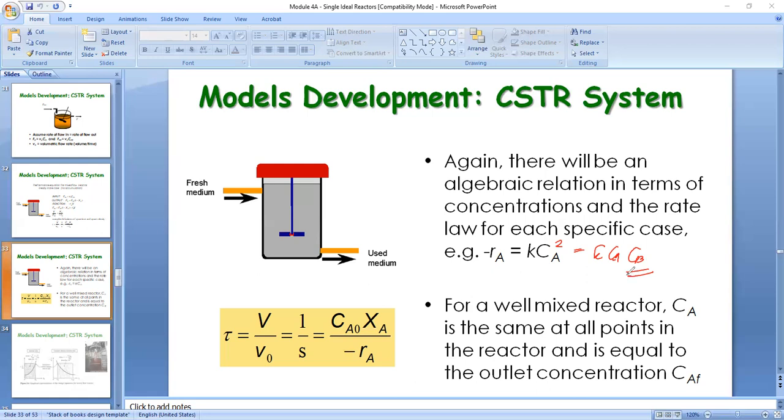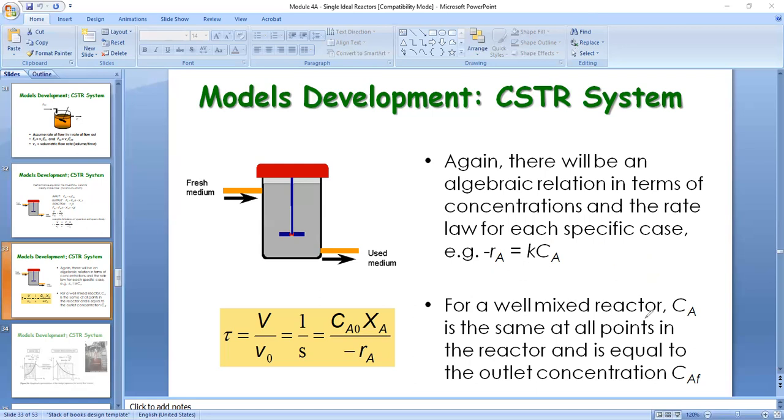But in the case of the batch reactor and the PFR, you need to express all concentrations and conversions in terms of one species only because you are integrating. In here, there's no need. But if you want to, that would still be okay, although it will add more computations and time to your solution.